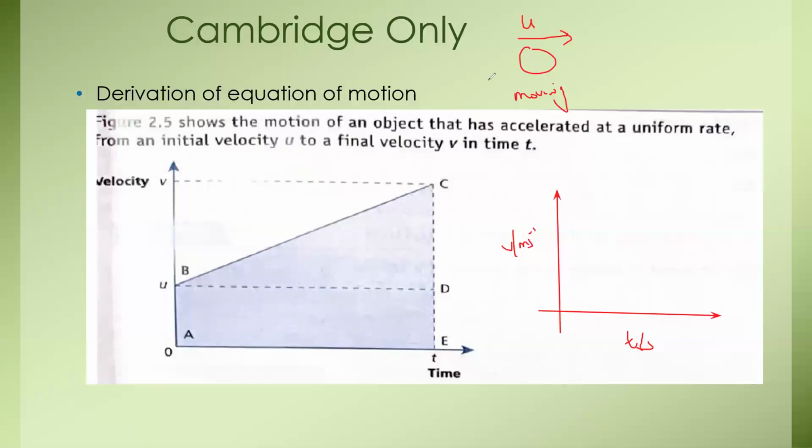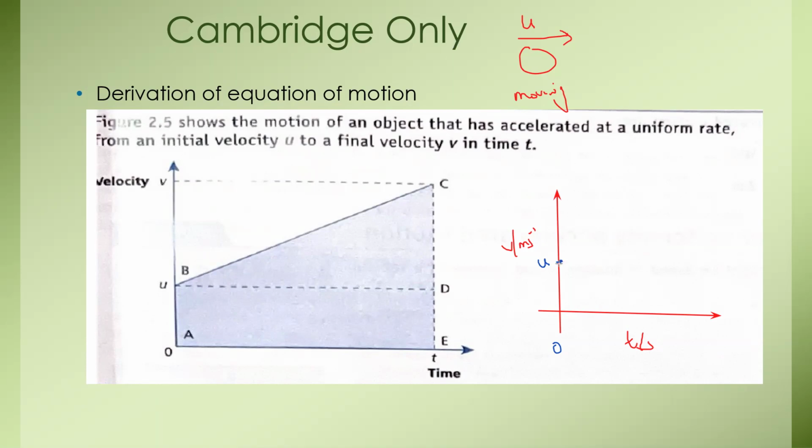So when we started observing, the object had some velocity, which we call u. Then the object has a constant acceleration, because you have studied that in a velocity-time graph or a speed-time graph, if an object has a constant acceleration, it must be a straight line, because the slope or gradient of the velocity-time graph represents the acceleration.